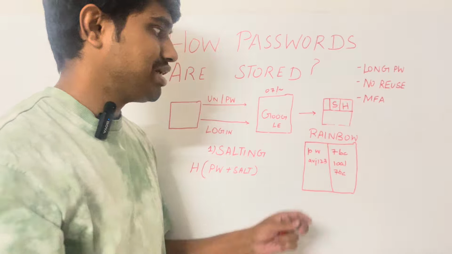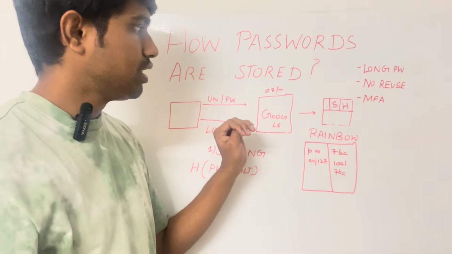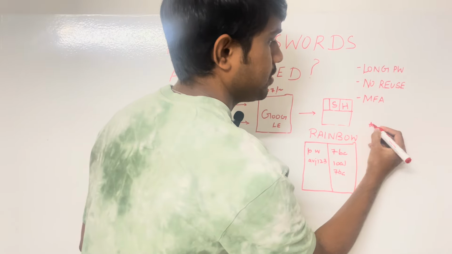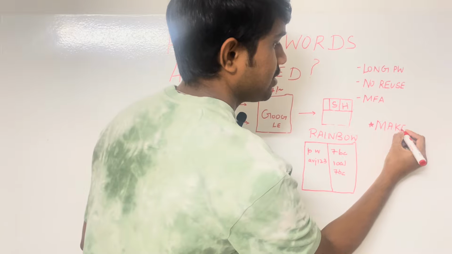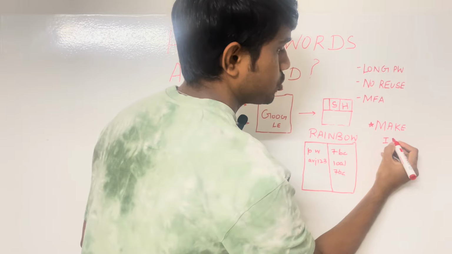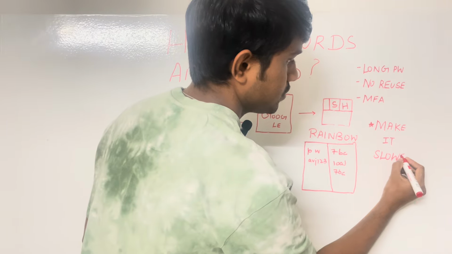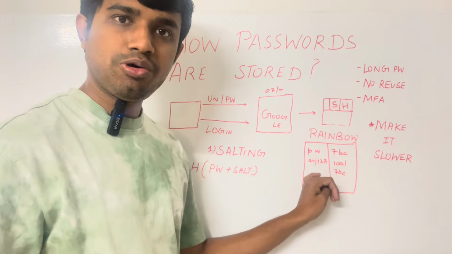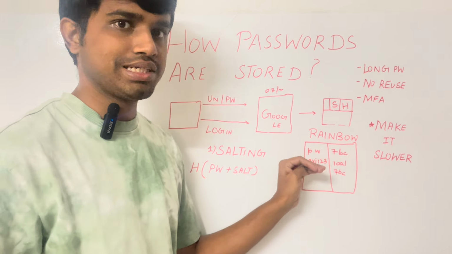Another thing they introduced, or slowly built up, is strong hashing algorithms. What strong hashing algorithms do is make it slower. This rainbow table approach, or hackers, depend on the fast output of the hashing algorithm.